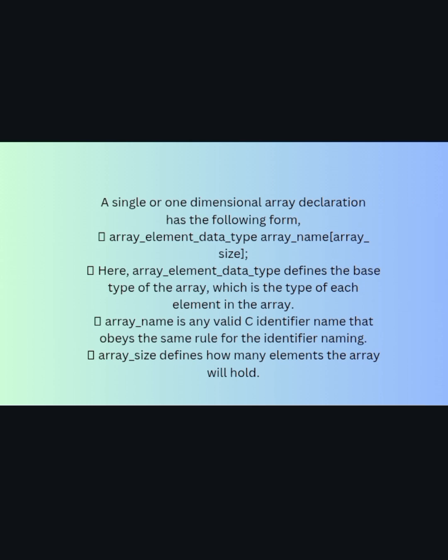Array_name is any valid C identifier name that obeys the same rules of identifier naming. Array_size defines how many elements the array will hold.